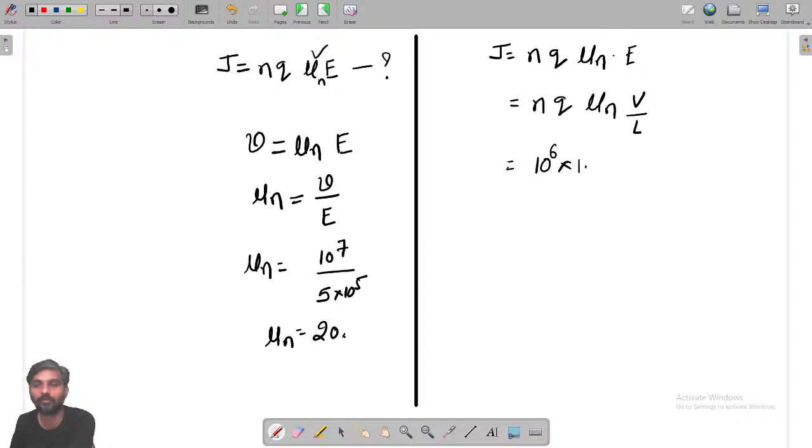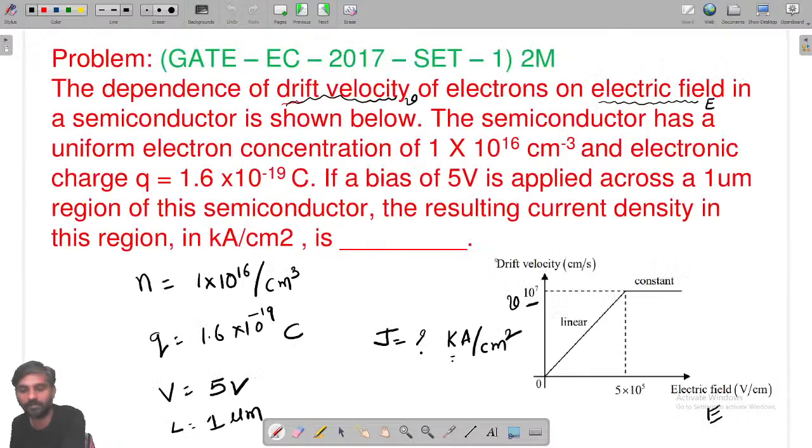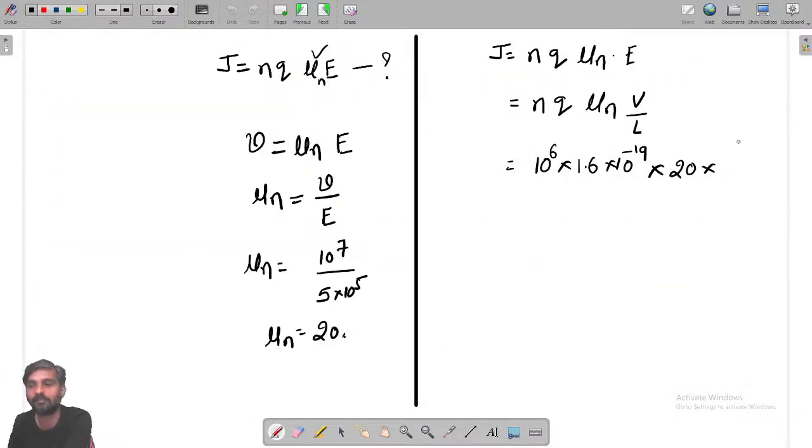The Q is 1.6 into 10 to the power of minus 19 coulombs, mu n is 20 we got. V is given as 5, and length is 1 into 10 to the power of minus 6.